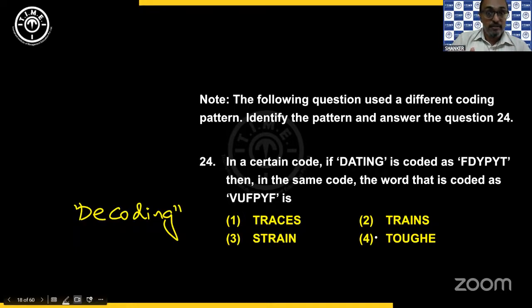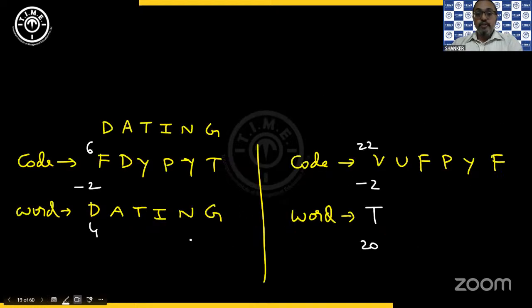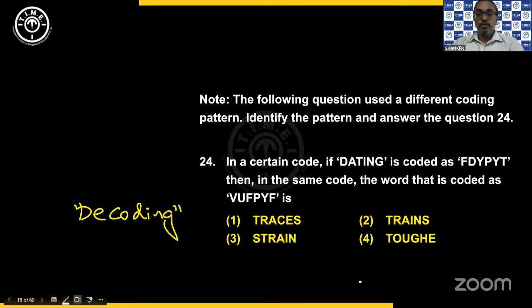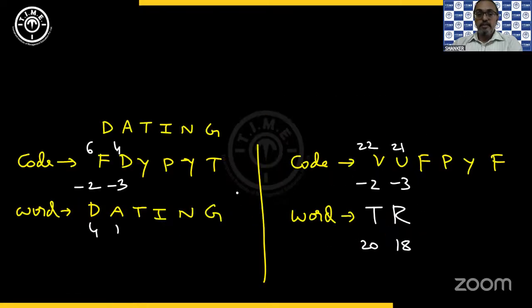Are you following me? Okay. So that is what you do here. See, this is 4, this is 1, so minus 3. This is 21 minus 3. How much is that? 18. 18 is R, so T and R. There are two options, and the third alphabet in both is A, correct? So I'll put A. Because here, this is 25 and 20, so minus 5.